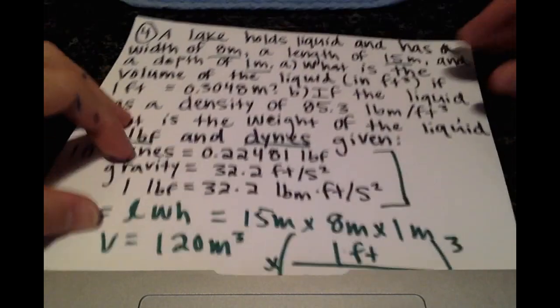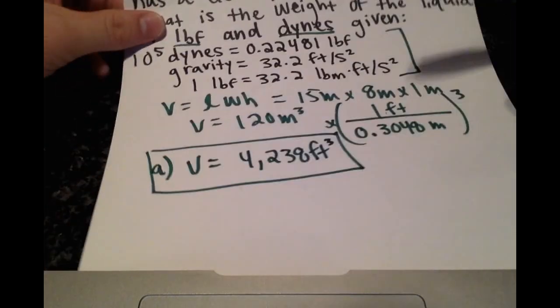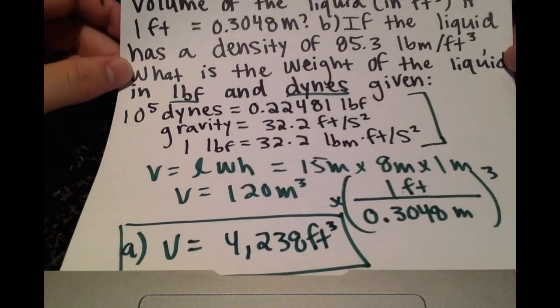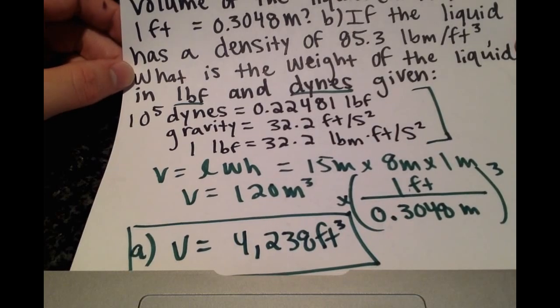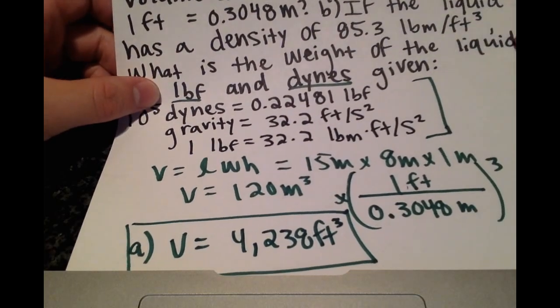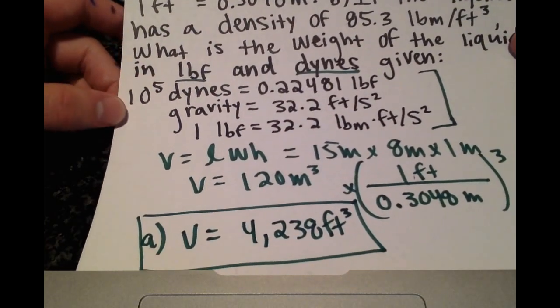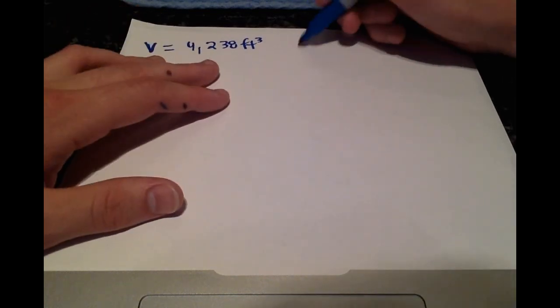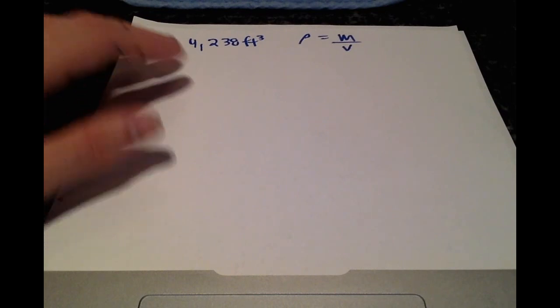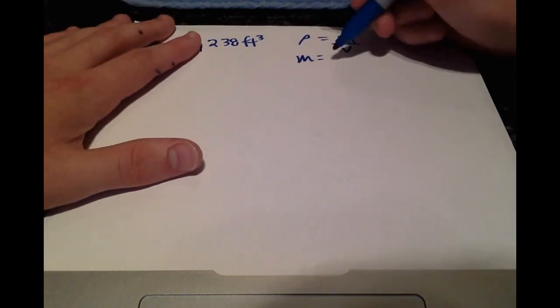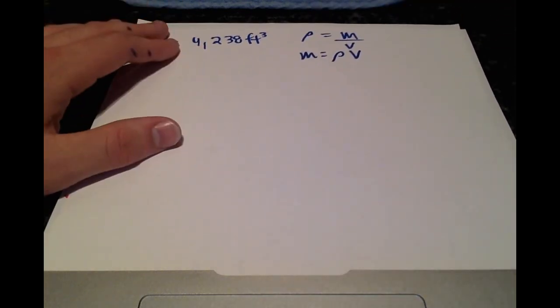So part B, let's remind ourselves what they want. We have the volume in feet cubed, and now they want to know what is the weight of the liquid in pound force and dynes. And we know that density equals mass over volume. So if you just want to get the mass, that's density times volume.